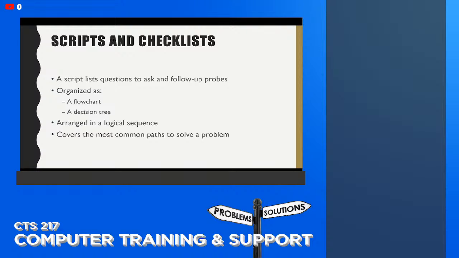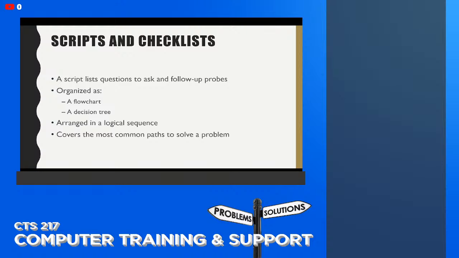So we're solving the most common paths to a problem, and that's what Tier 1 is going to need to do. They're going to use these scripts to triage the problem, figure out what's going on. Then they can go through some of the basics in the script to see if that solves it. Oftentimes it does. Sometimes it doesn't, and then it can be escalated to the next tier.